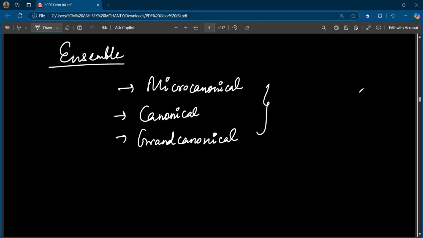A system can be studied by any ensemble. All these ensemble approaches are entirely different, but the final result is the same. Generally we prefer the canonical ensemble.